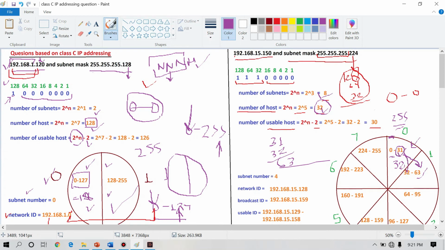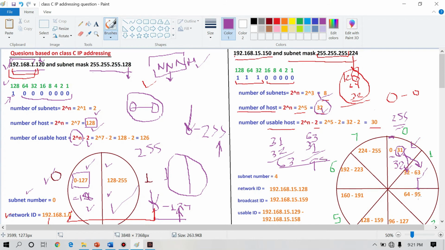So here I have written 32. Similarly, for this you have to add 32 to 63. 63 plus 32, what will you get? 95.